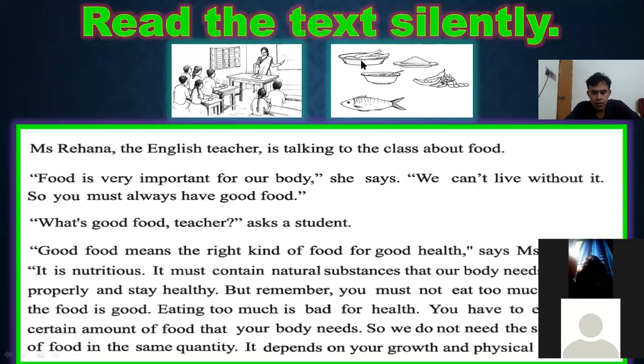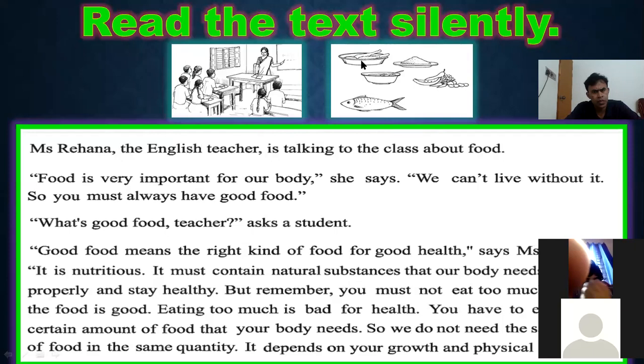In this regard, you have to eat only a certain amount of food that your body needs. So we do not need the same kind of food in the same quantity, same amount. It depends on your growth and physical structure. From this story, we have got a clear idea.